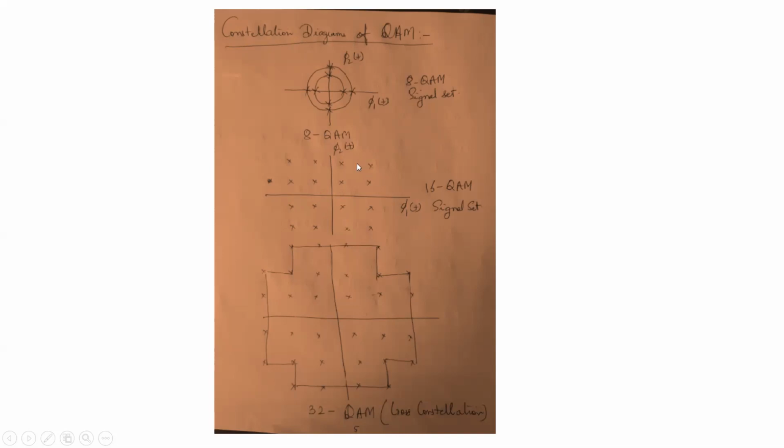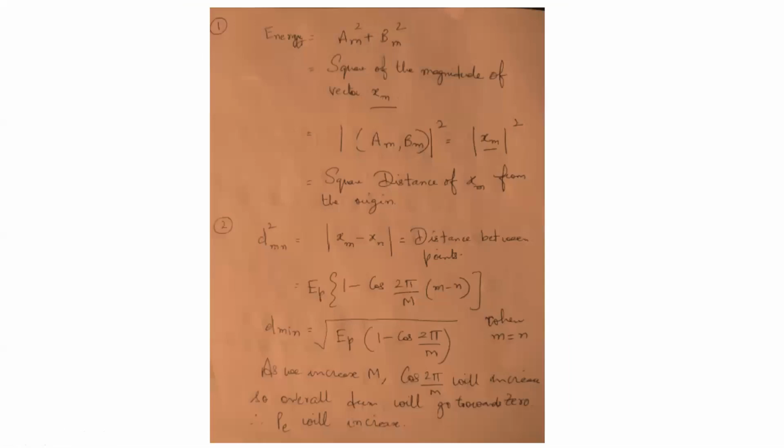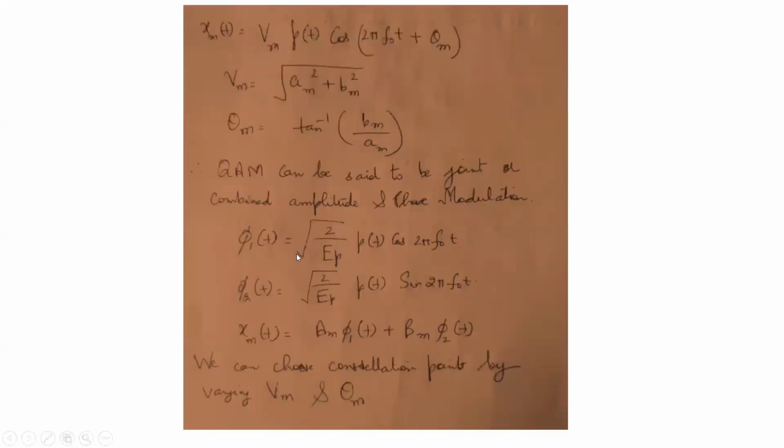One is phi1(t) and the other is phi2(t). What are the formulas of phi1(t) in the case of QAM? This is my phi1(t) and this is my phi2(t), right? And I am expressing all my modulated signals using Am phi1(t) plus Bm phi2(t).